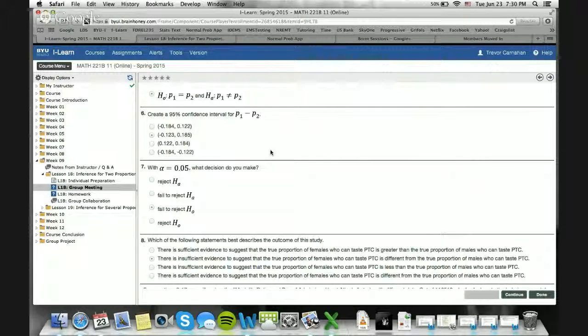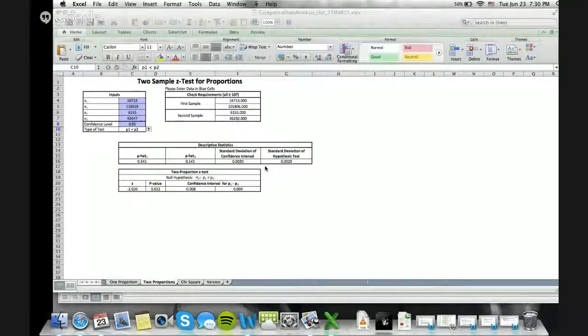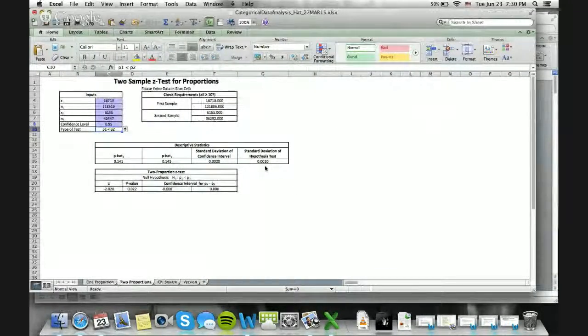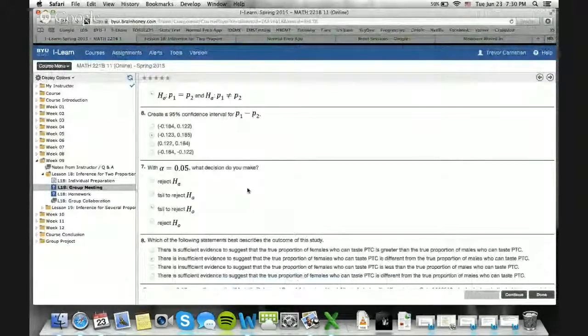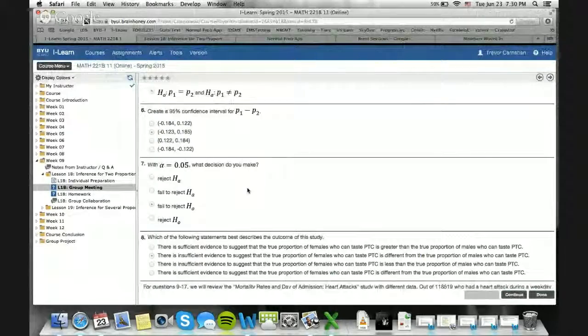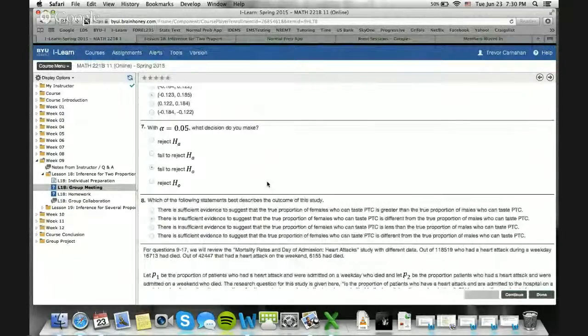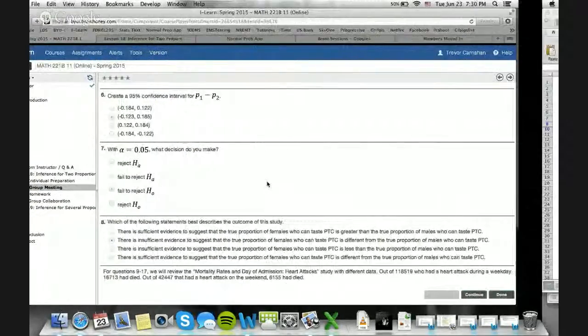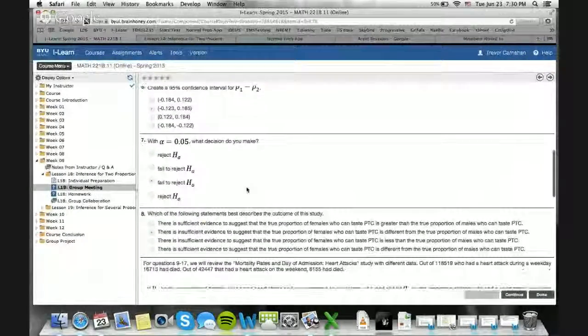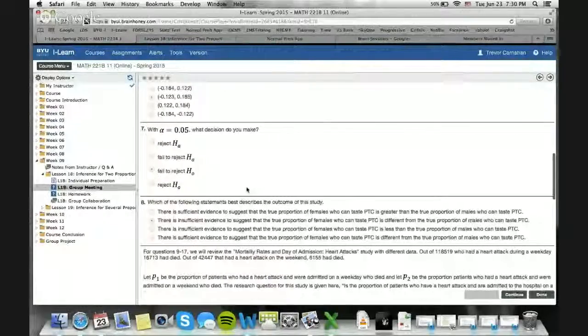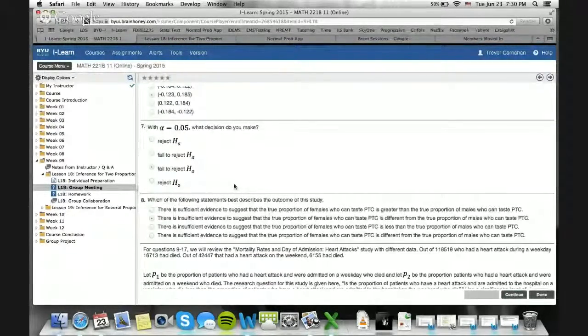Yep. Did you get yours on SPSS? No, just the Excel sheet. That's what I did. Oh, really? So I'm not the only one. So then, because we fail to reject, because 0 is within the range, you're always within the range, so you fail to reject the null.